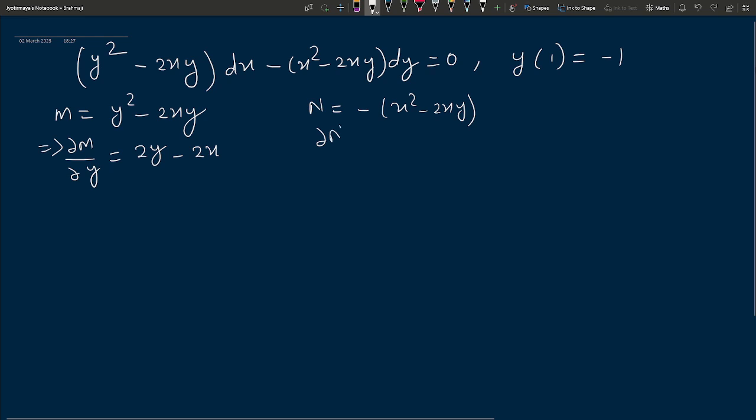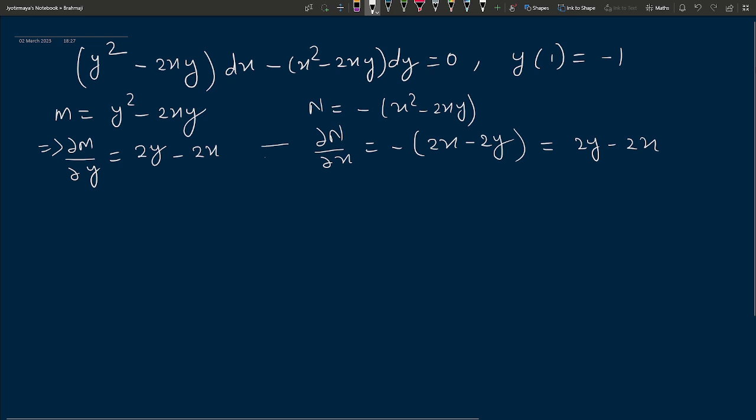So del N by del x, the partial derivative with respect to x: the derivative of x square is 2x, minus 2y is constant and the derivative of x is 1. So this is again 2y minus 2x.